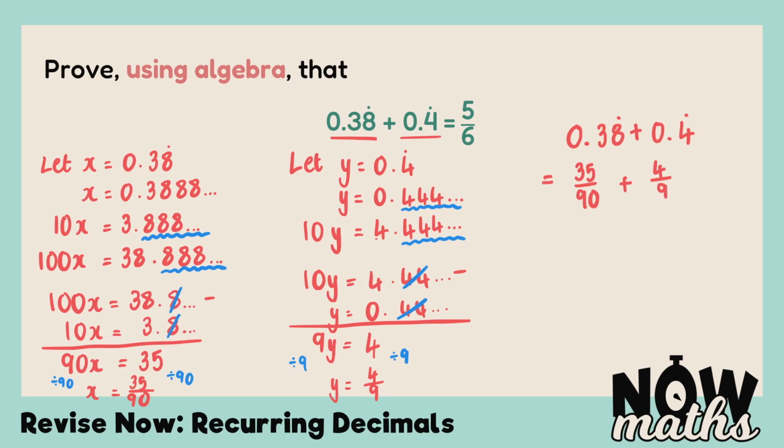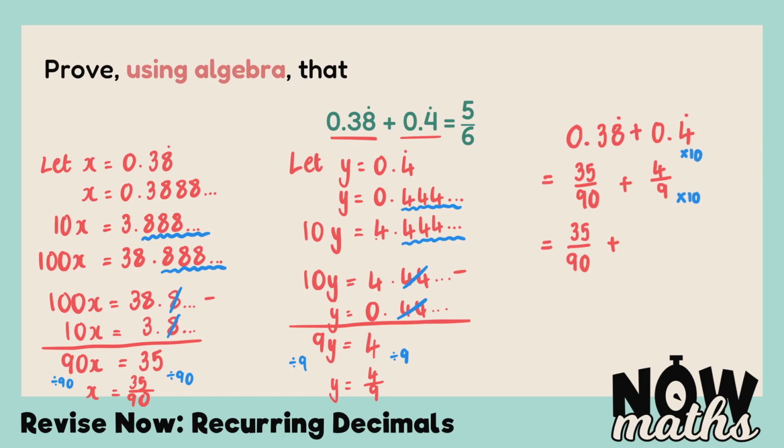To add together two fractions, we need a common denominator. So 9 and 90 both go into 90, so let's try and get a common denominator of 90. If we're going to use 90 as our common denominator, the first fraction is okay as it is. The second fraction of 4/9, we're going to need to multiply 9 by 10 to make this fraction in 90ths, which means we also need to multiply the 4 by 10.